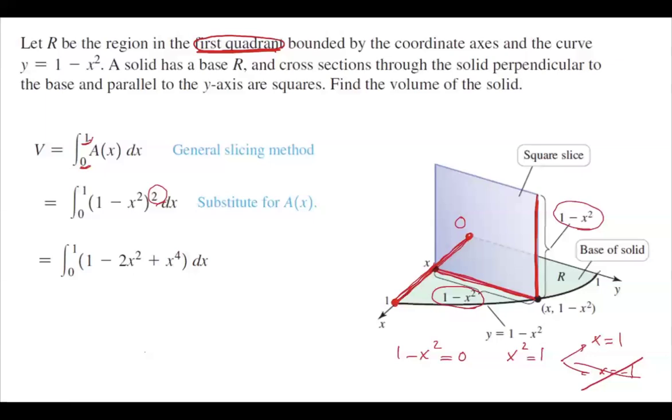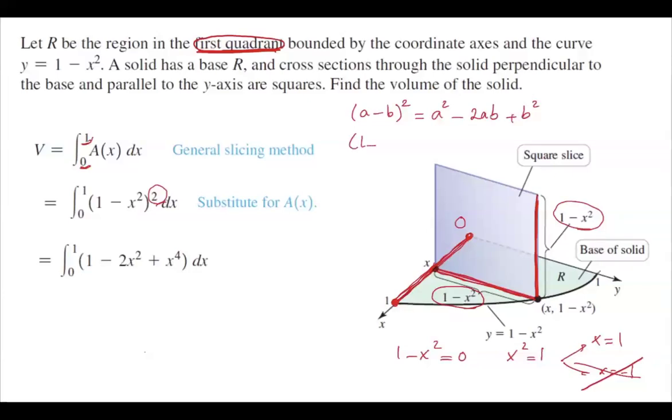Well, if you write this in expanded form, 1 minus x squared to the second power is 1 minus 2x squared plus x to the 4th. Again, remember that if you have a minus b to the second power, this is a squared minus 2ab plus b squared. This is basic algebra.